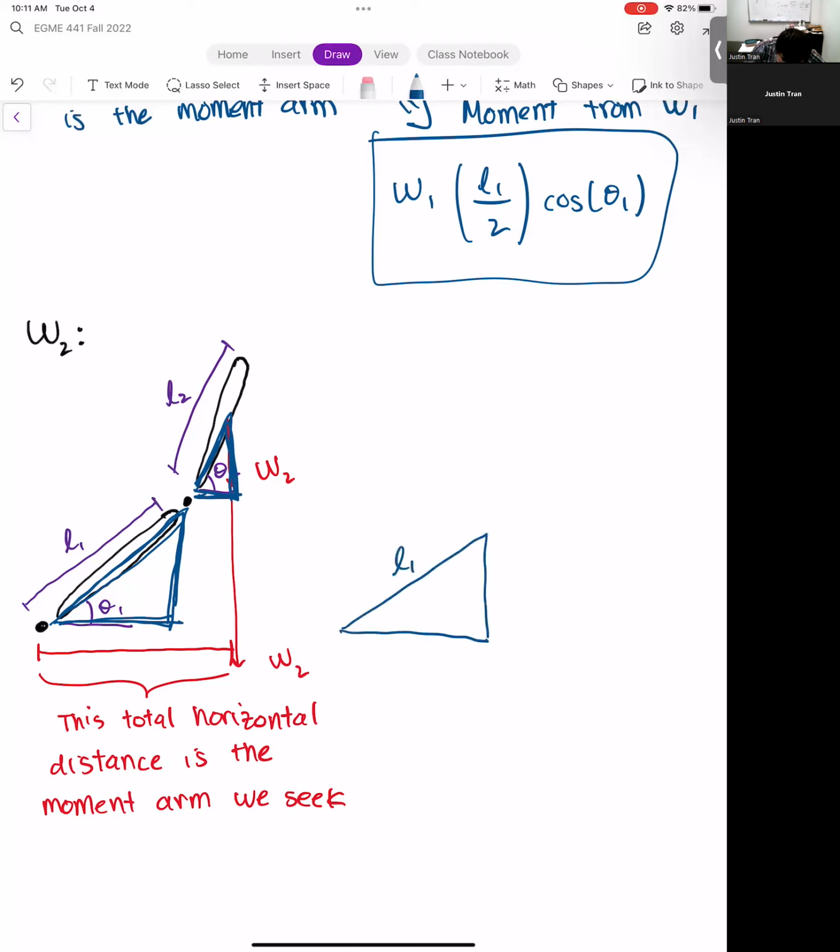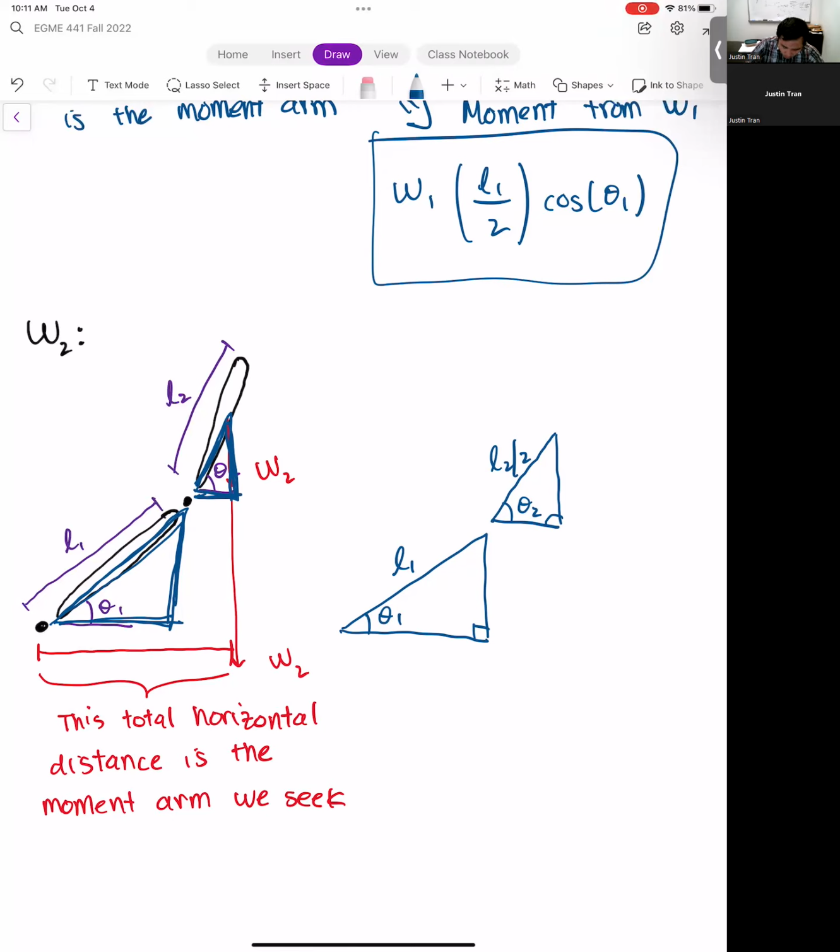I know this is a little bit exaggerated, but it's a bit easier to look at this way. And then this hypotenuse here is only going to be L2 divided by 2, because just like W1, W2 here is going to act halfway up the lower arm.